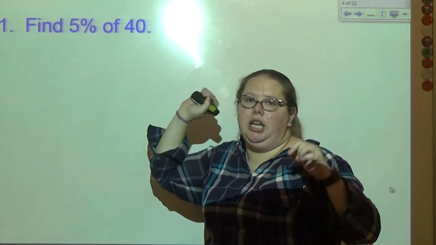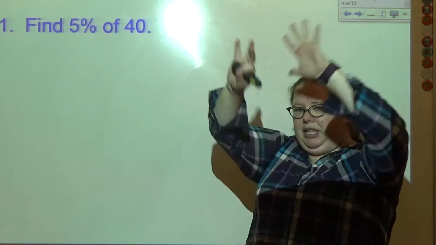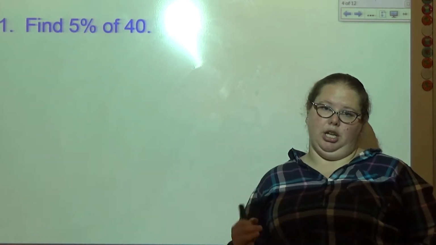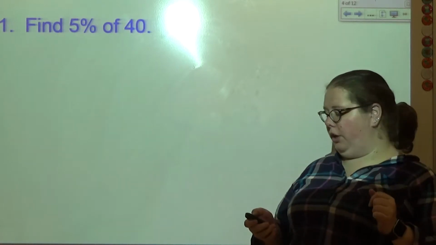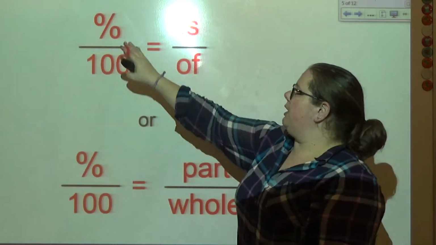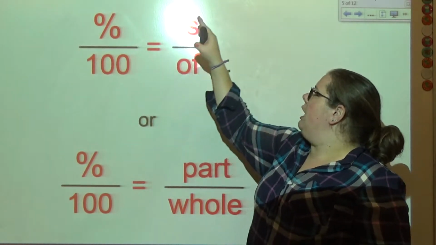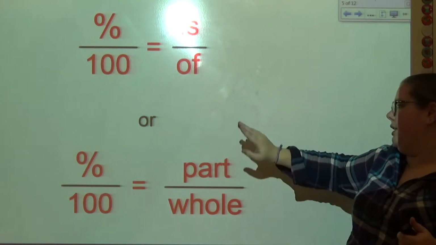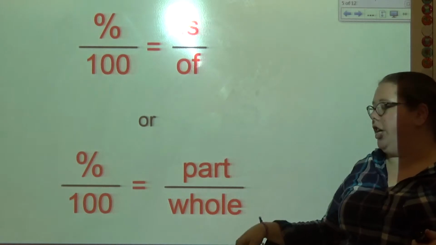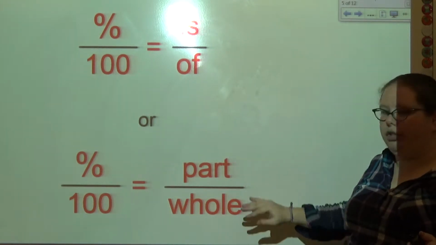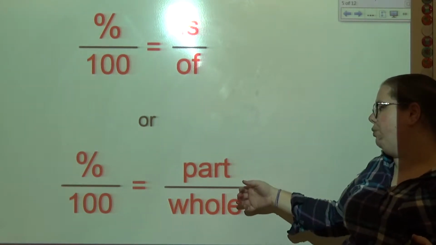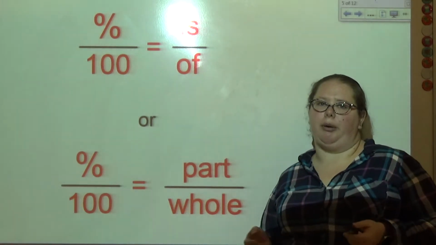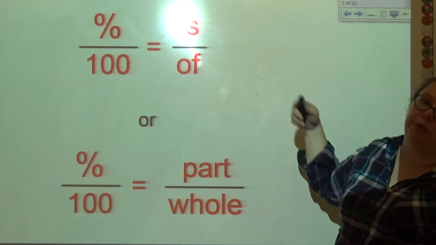I was finding the percent of this big number, and the answer is 2. So 2 was my part, 40 was my whole. So write this down: percent over 100 equals is over of. I also like to look at it as percent over 100 is your part out of your whole for your fraction. And this really comes into play with more realistic word problems. You don't always see those words.